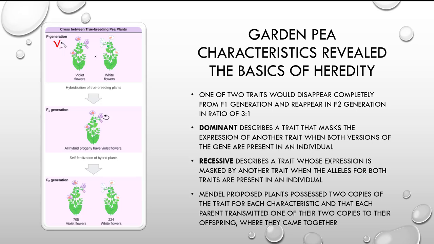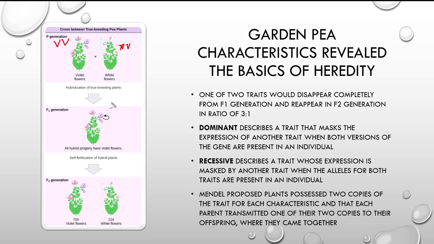So big V, big V. This one over here is a true breeding variety as well, but it's recessive. It got its traits from its white flowered parents, who got their traits from their white flowered parents. So it's always white flower. So I'm going to do a lowercase v. It's hard to do a lowercase v. I'll do it like that.